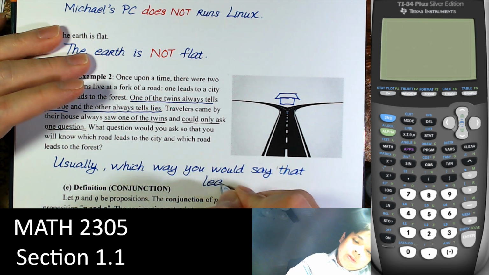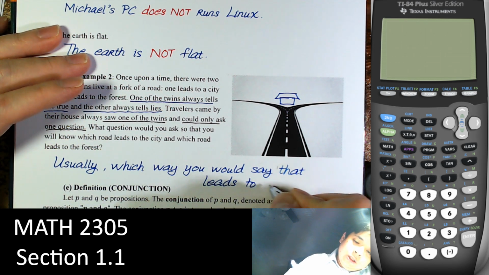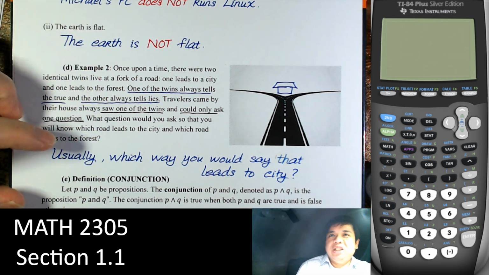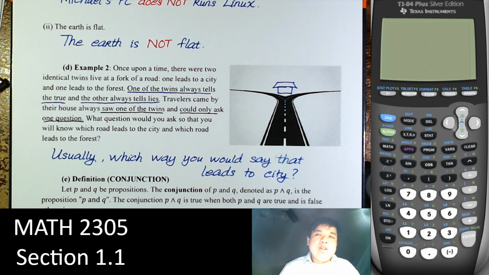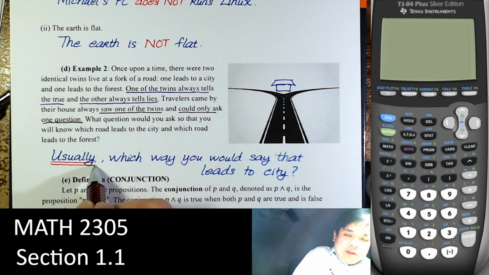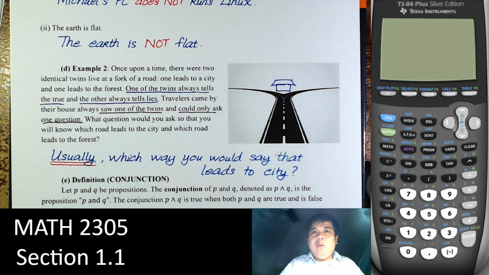Let's say we want to go to the city. So we ask this question. And then the key here is this. So why does one word make the whole thing different?